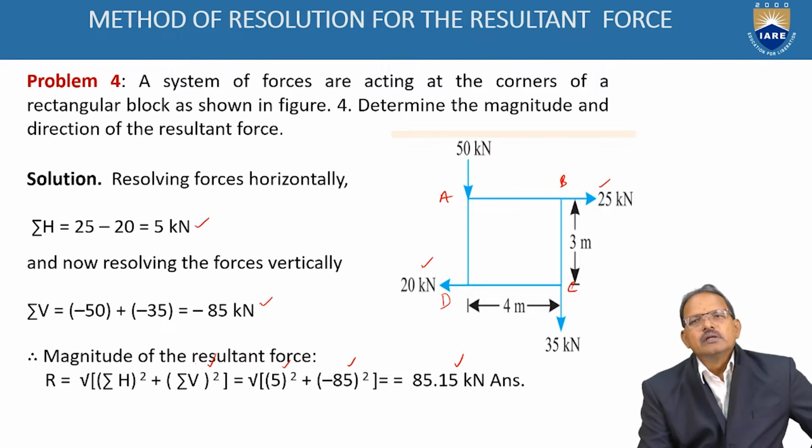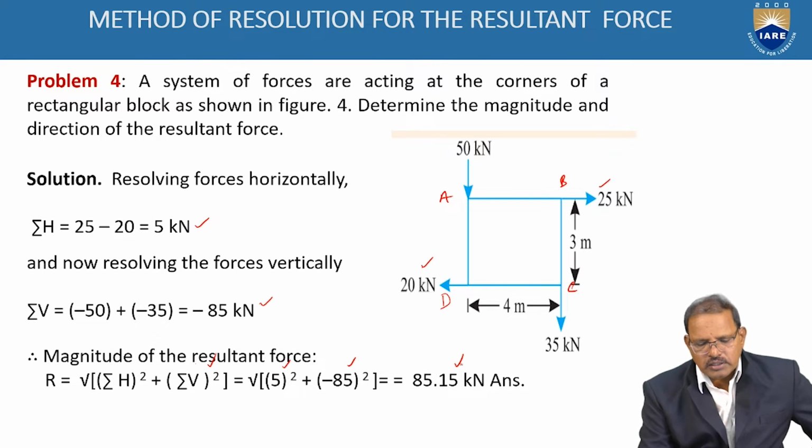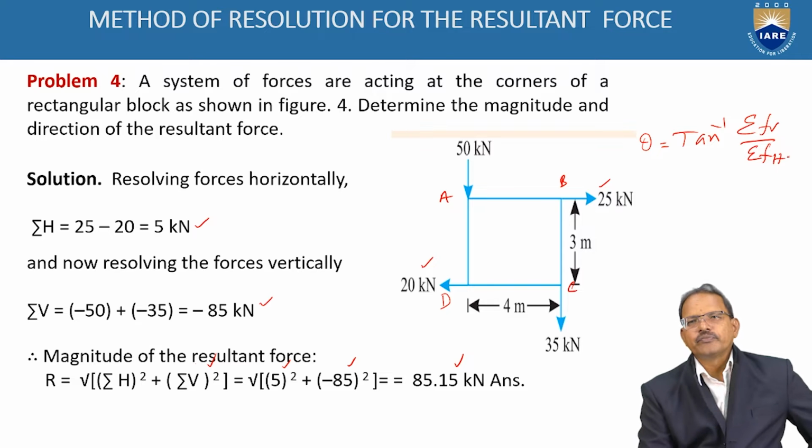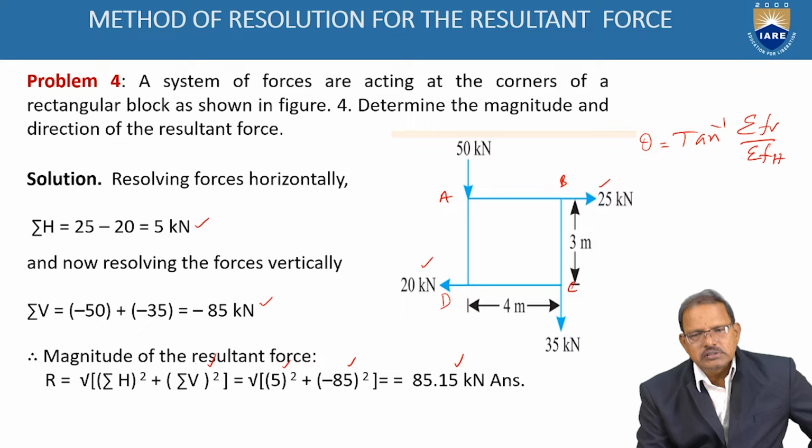Now, the inclination of the resultant force with the x-axis is obtained as follows. If theta is the inclination of the resultant force, then theta is equal to tan inverse of sigma V divided by sigma H. Here sigma H is positive and sigma V is negative.